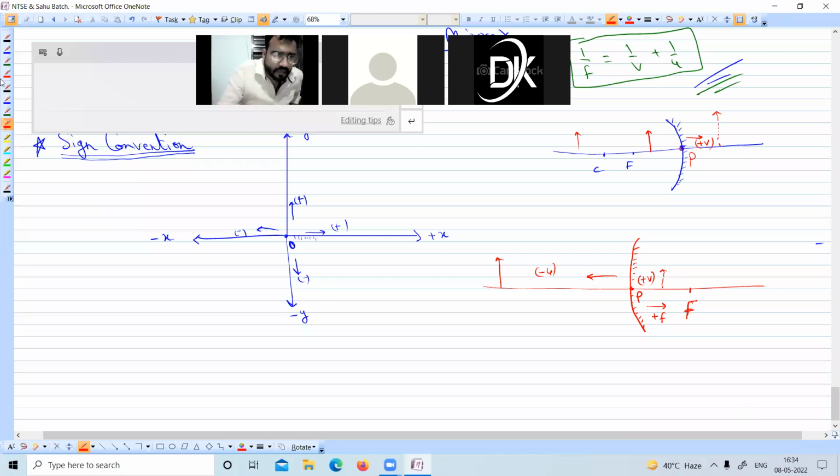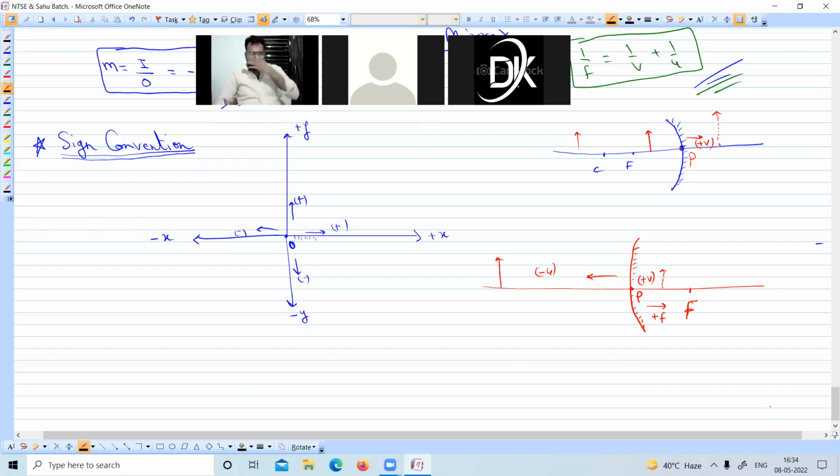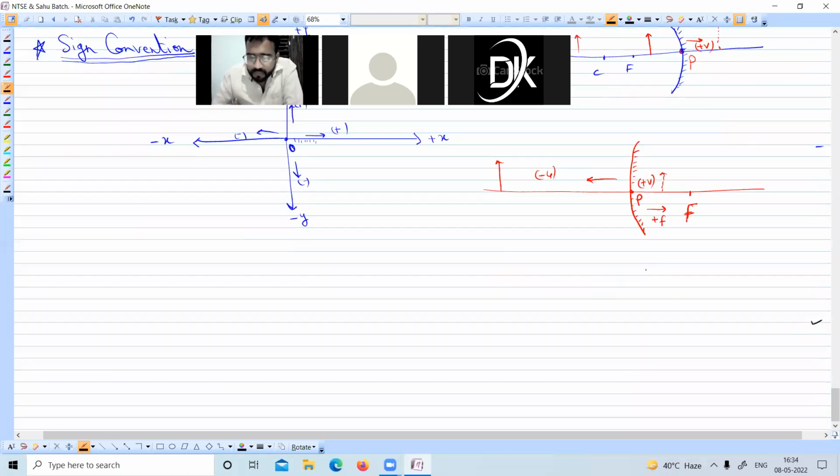Speak up fast, then I'll tell you an interesting thing. Yes. Try to mug up the things, bacho. Now, if I take this same convex mirror but inverted, is it possible to keep the convex mirror this way and you are visualizing yourself? Is it possible to invert it this way with my face towards the reflecting surface? Yes, it is possible.